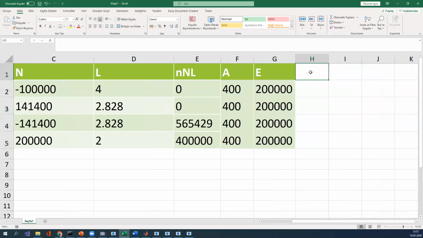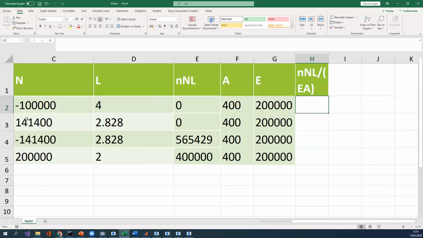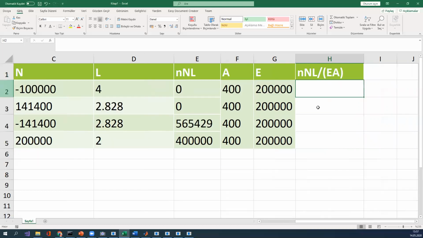So we have small n, capital N, L divided by, in parentheses, EA, like this. Okay, expand the graph. Yes, here we go. And divided by, in parentheses, E times A. Sorry, I forgot the parentheses. Yes, now it's okay.